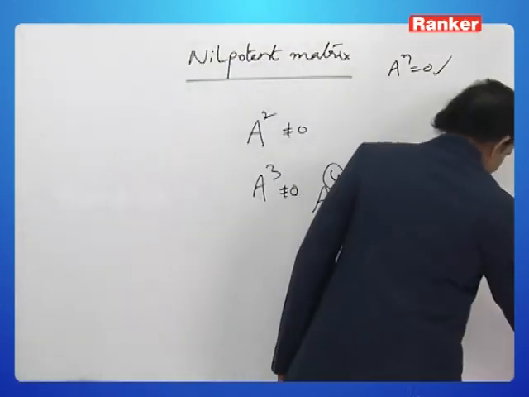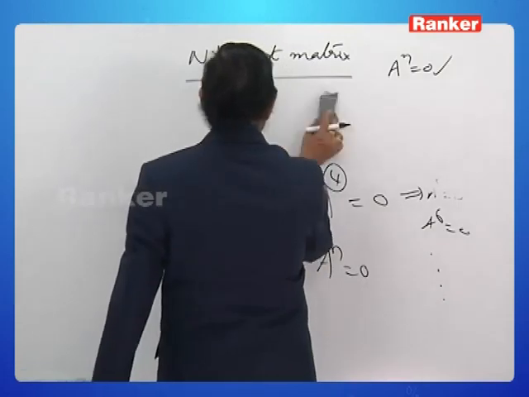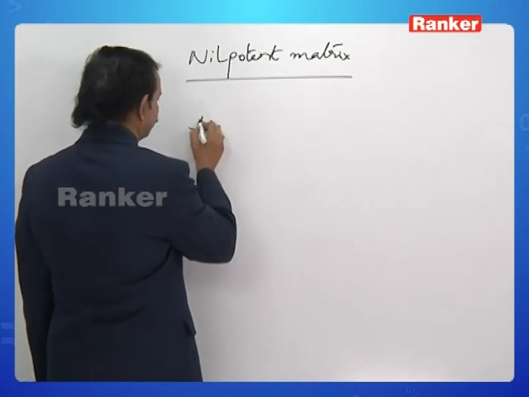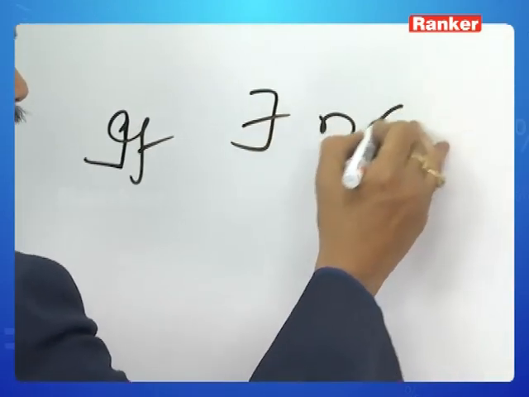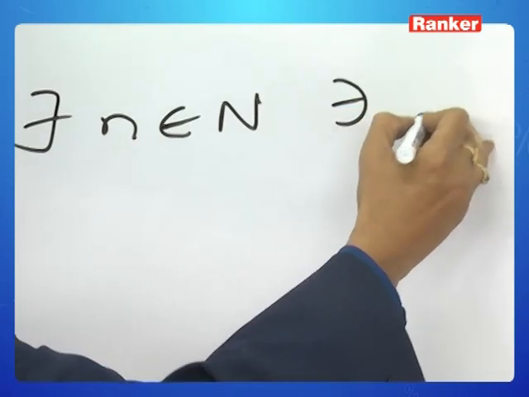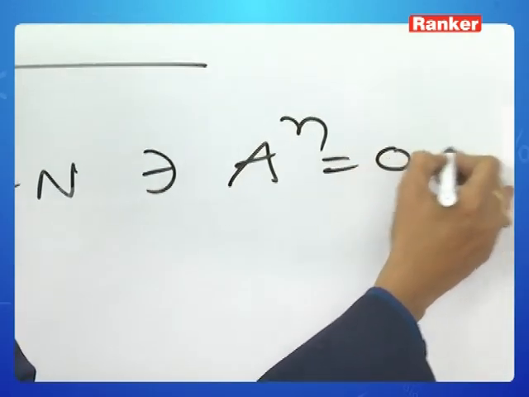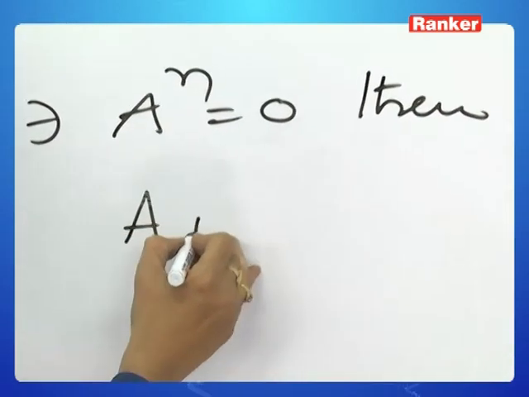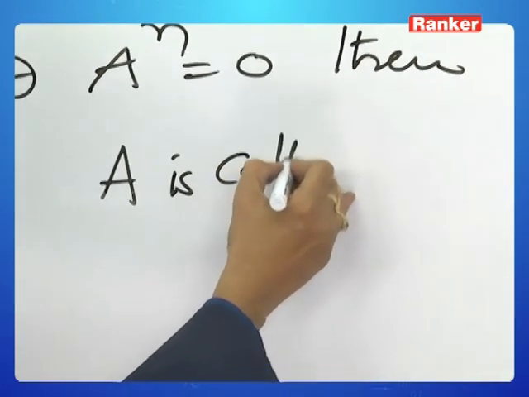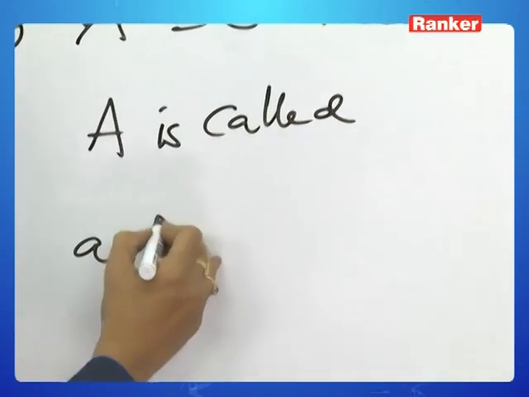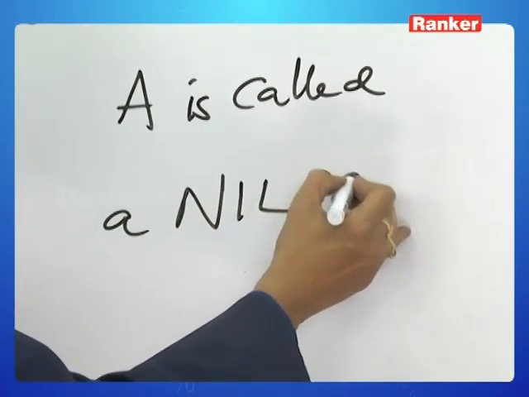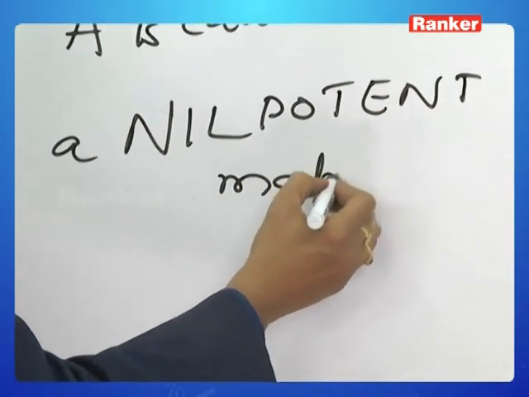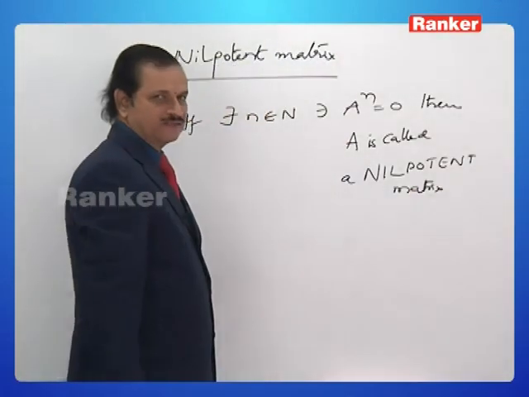Okay, do not get confused. I would like to give you a clear picture of the two words. If there exists n belonging to the natural numbers such that A power n is equal to 0, then A is called a nilpotent matrix. That is the true definition.